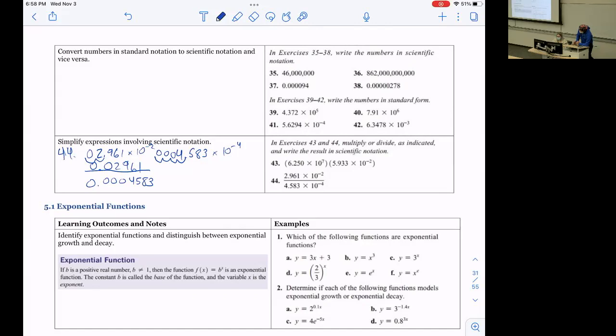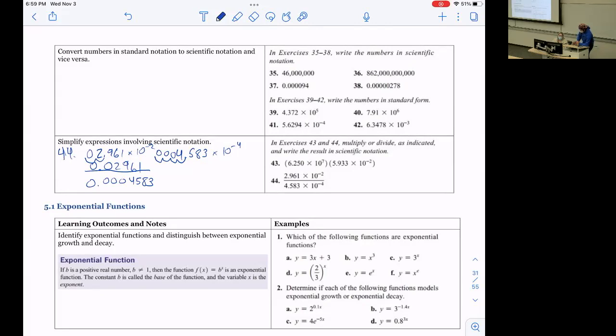And it wants us to write the result in scientific notation. Not sure if I know how to do that in my head. No, you can't do that in your head. You could probably divide the two numbers and then divide the 10 to the negative 2 over 10 to the negative 4. That's just plug it in your calculator and solve and make sure it fits.